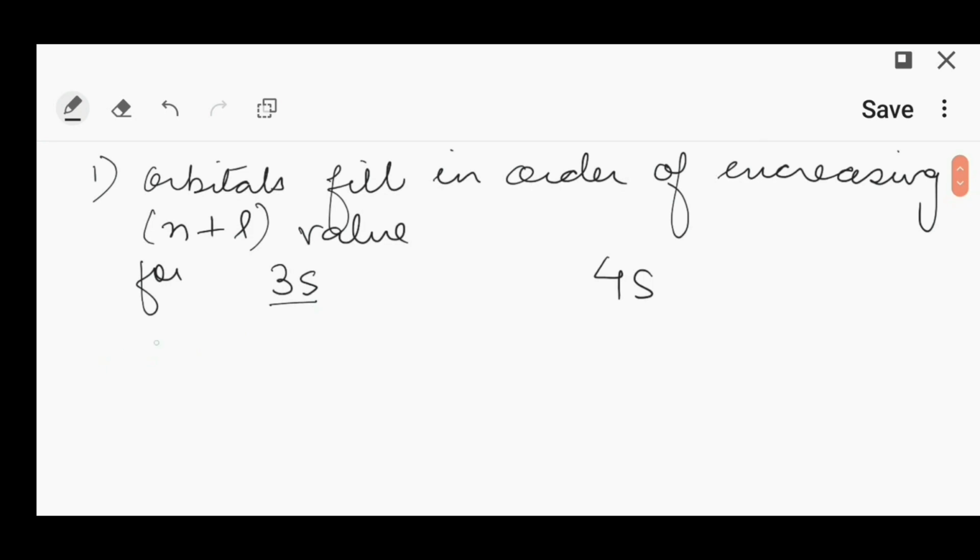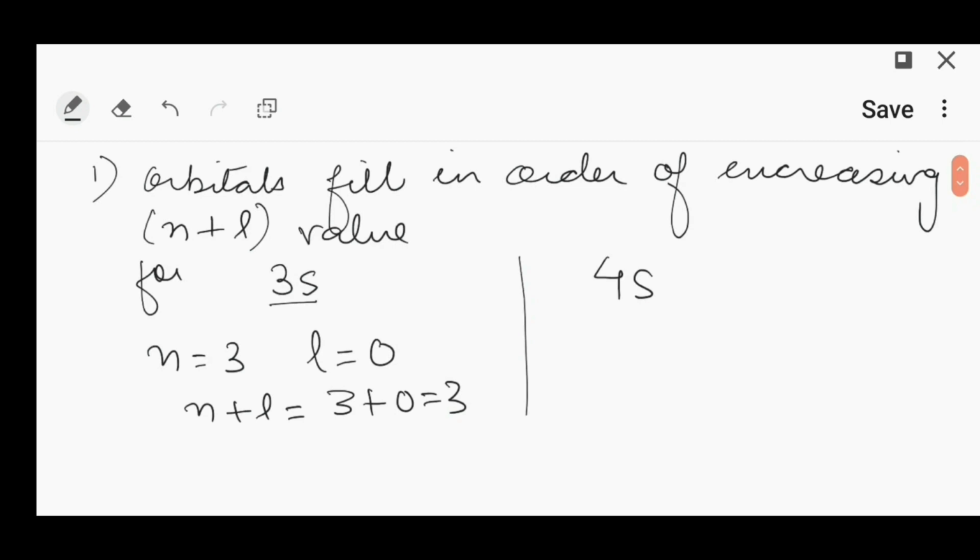So in 3s, the value of n is 3, and for s, the value of l is 0. So what is the value of n plus l? It comes out to be 3 plus 0, that is 3. On the other hand, in the 4s orbital, n is equal to 4, and the value of l for the s orbital is 0.